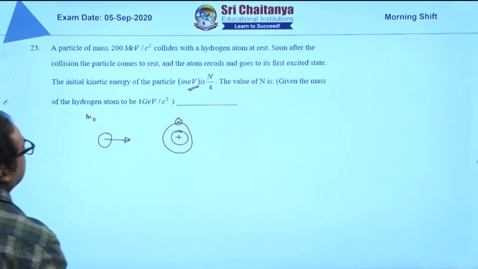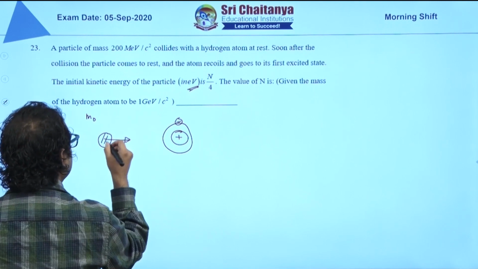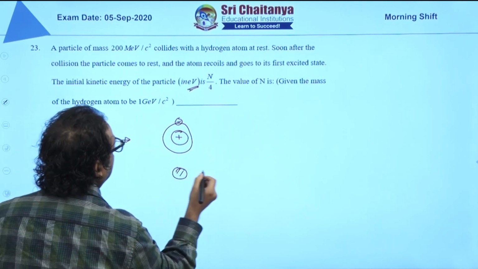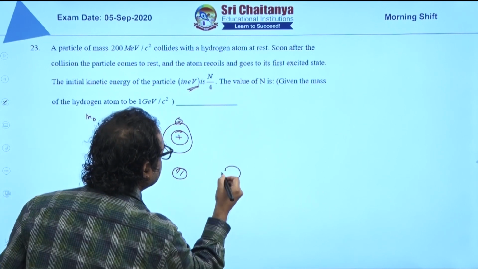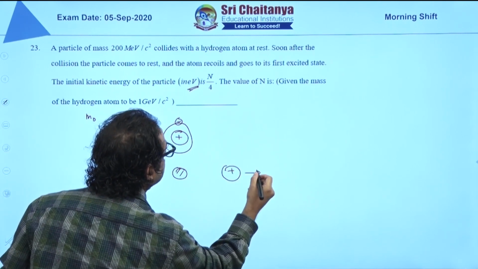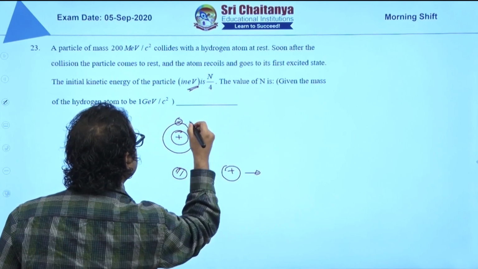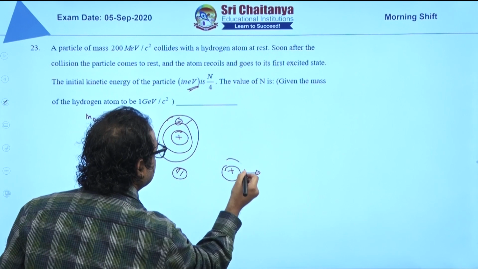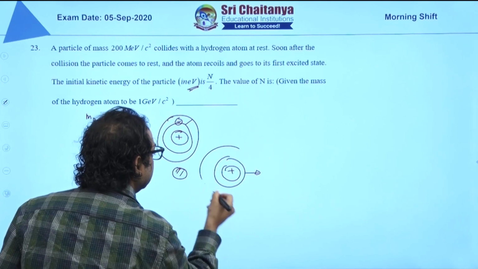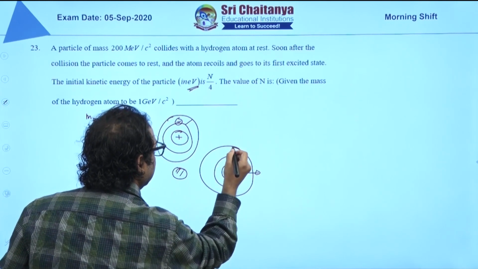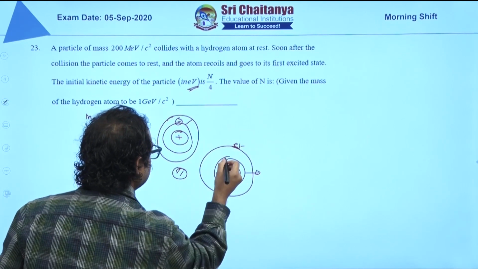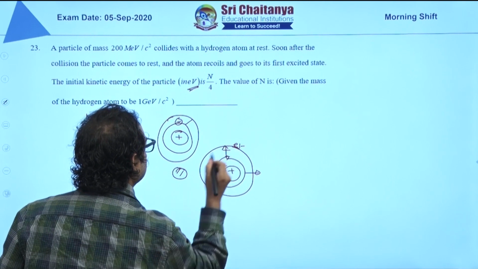After the collision, this particle stops and the hydrogen atom moves, and the electron goes to a higher level. It goes to the first excited state; it has made a transition from here to here.